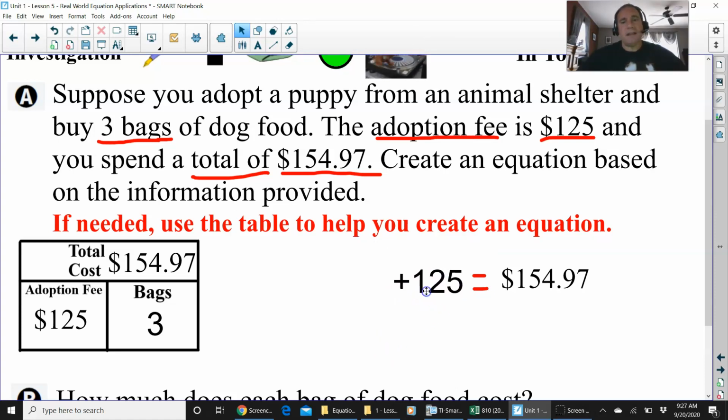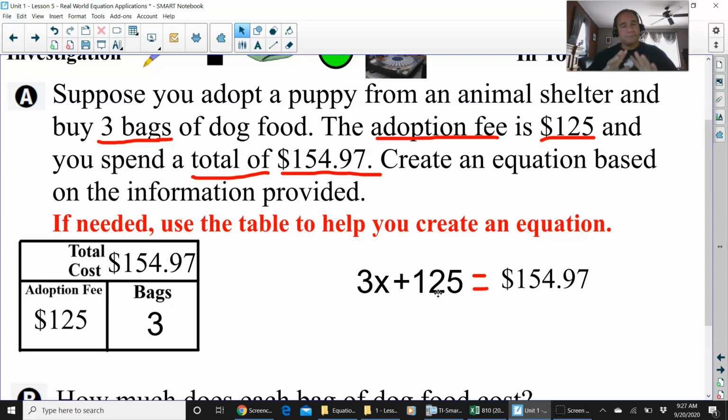So I have to pay that $125, but I also have to pay for 3 bags of dog food. So I'm going to put 3x right here. 3 bags of dog food. The first thing that I had to pay is that 125, that's like the initial value. And then all of that is going to equal, you spend a total of $154.97.